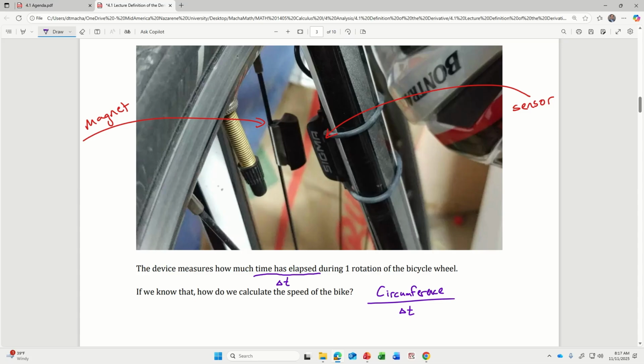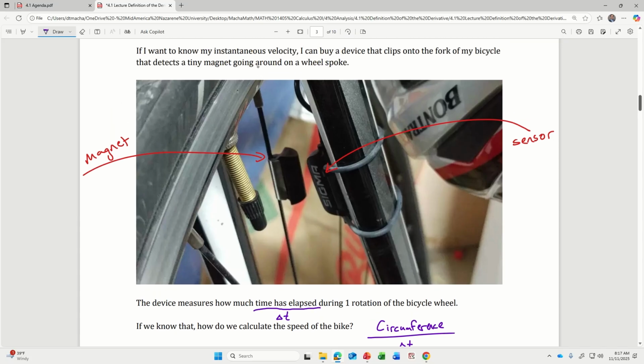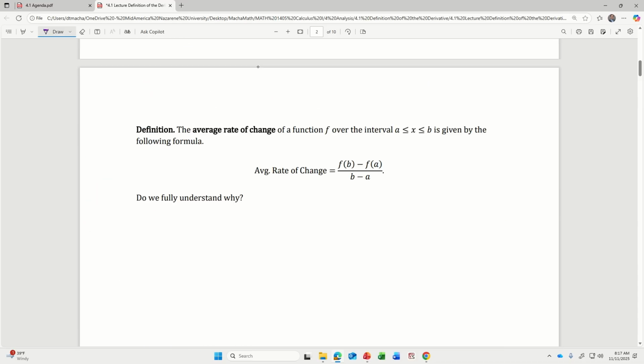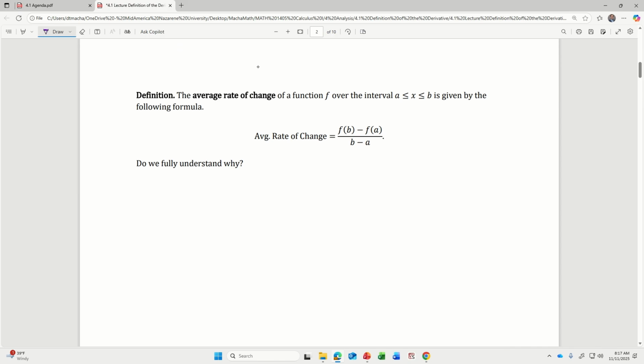It's practically as close as it needs to be to the instantaneous velocity of my bike. But in reality, we're just doing the average rate of change formula, right? We're just taking the position at the end, 1 rotation, minus the position at the start, 0 rotations, and dividing by the amount of time that it takes to make that 1 rotation.